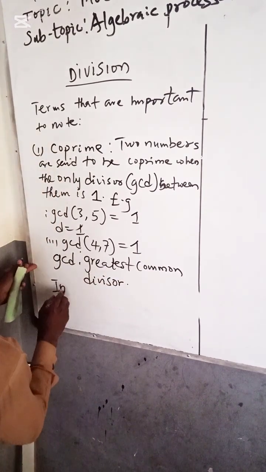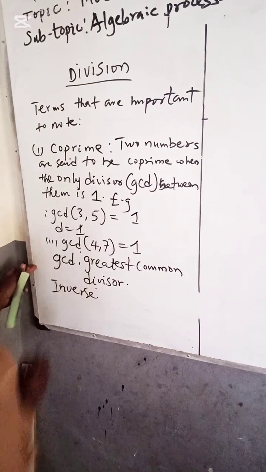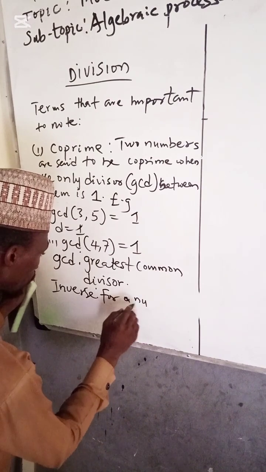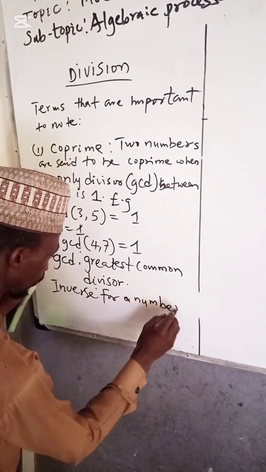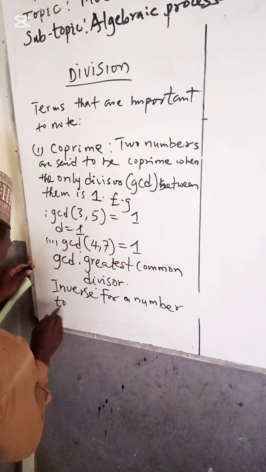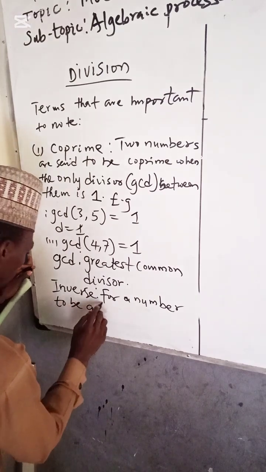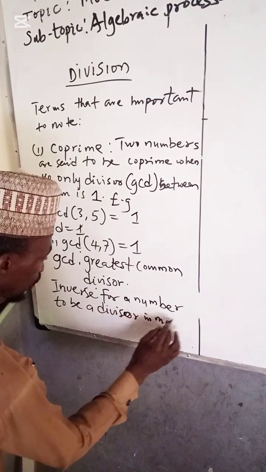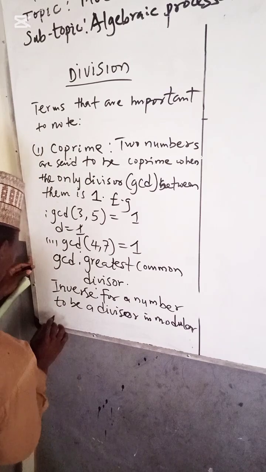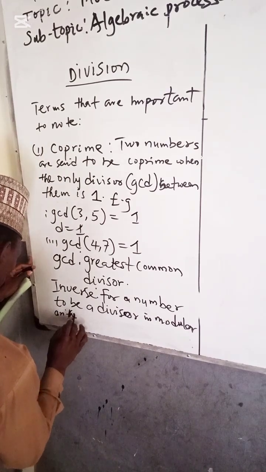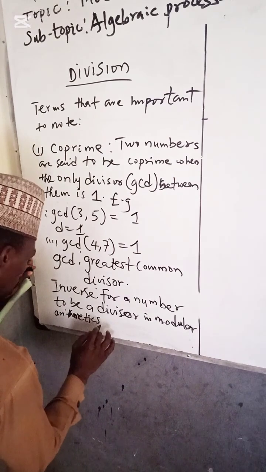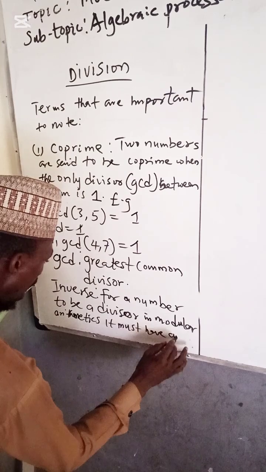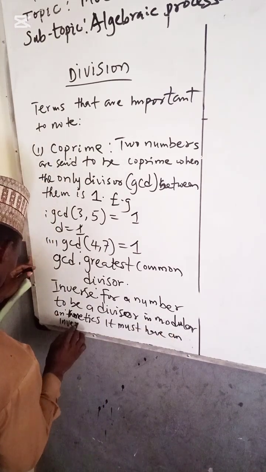Now we talked about inverse. For a number to be a divisor in modular arithmetic, it must have an inverse.